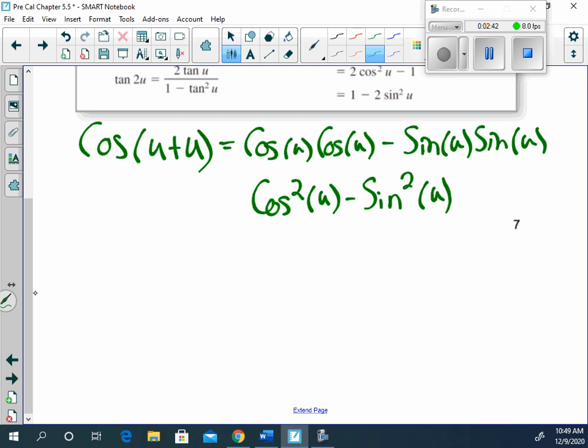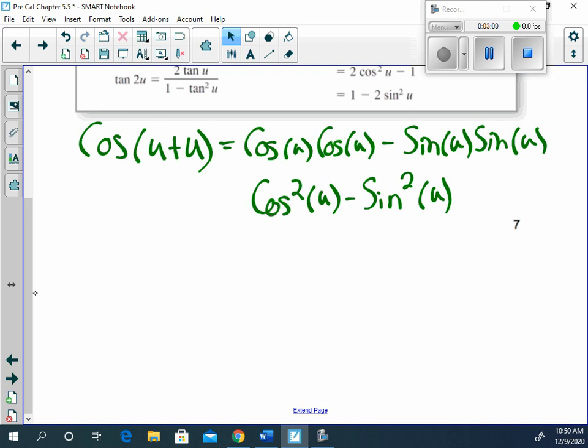Now, you're probably wondering, where in the heck did they get these other two, right? According to our trig properties, sine squared is the same as 1 minus cosine squared. Because it goes back to our sine squared of theta plus cosine squared of theta is equal to 1.